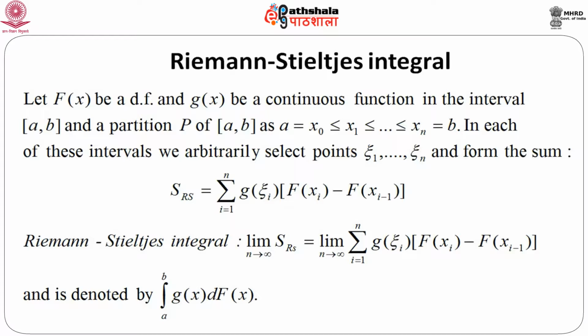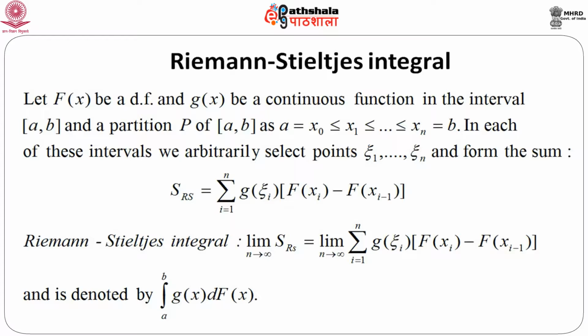Initially, it was just x i minus x i minus 1, which is the length of the ith subinterval. Now we are using the notion of length in a different sense, but the notion of length is still there, measured with respect to this distribution function, and we take the sum from i equals 1 to n. Now we define the Riemann-Stieltjes integral as the limit of this sum as n goes to infinity, obviously if the limit exists.